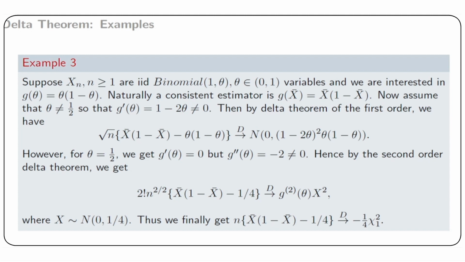Thus, we finally get that n times (X bar(1 minus X bar) minus 1 by 4) converges in distribution to a random variable which is defined as minus chi square 1 divided by 4. So, we have just seen how delta theorems are important in statistics and what their pros and cons are.